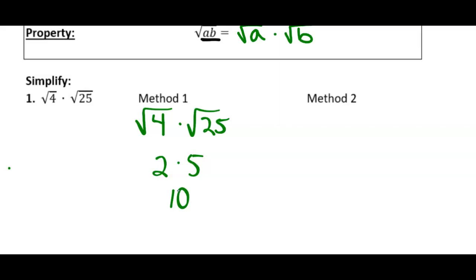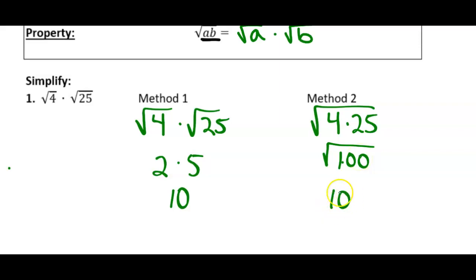Now, let's look at method 2. Method 2 says that I can multiply these together. And if I do that, I would get 4 times 25 underneath my radical symbol, which would be the square root of 100. Well, look on our chart. What's the square root of 100? Well, it's 10. So either way, we have gotten the same answer.